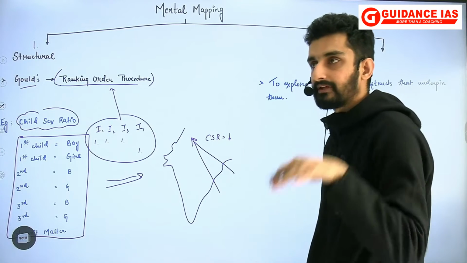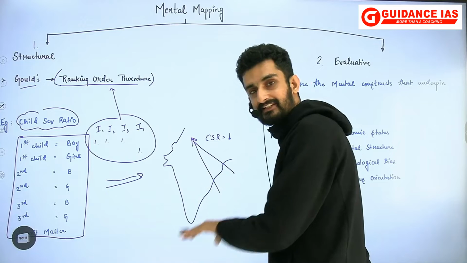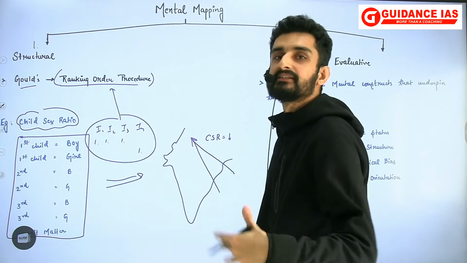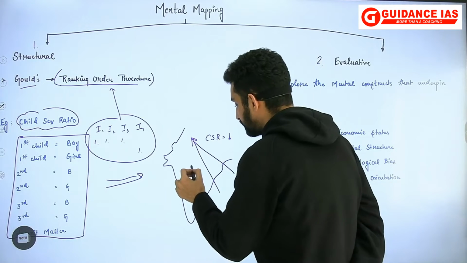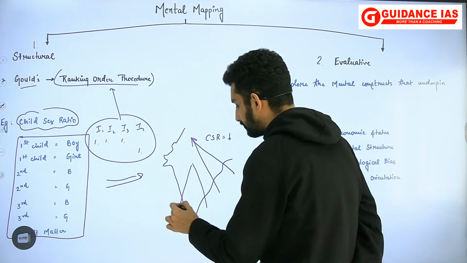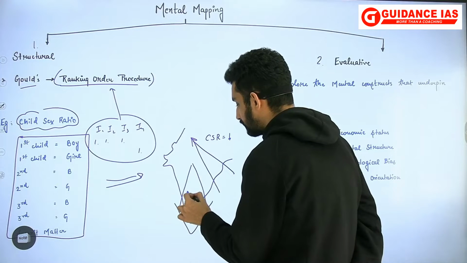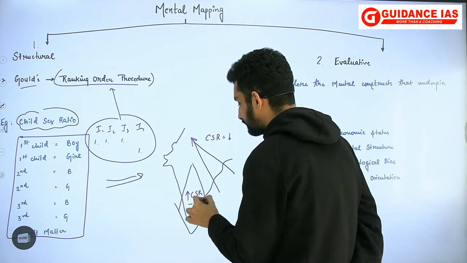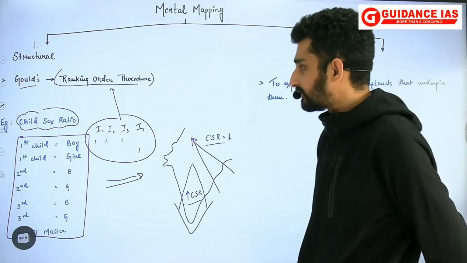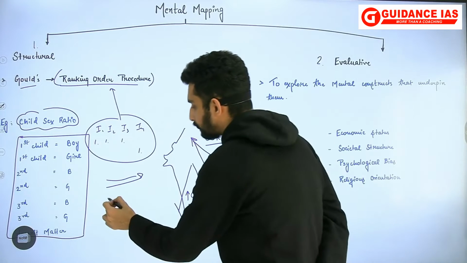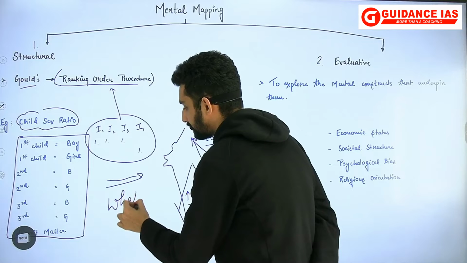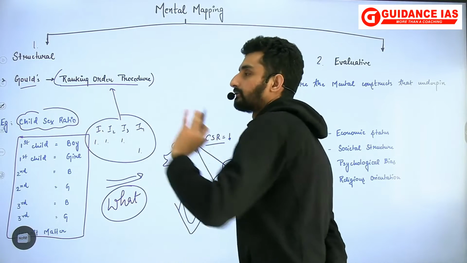At the same time, when we are going towards the southern states, which have a more matrilineal structure of society, we are finding it has a higher child sex ratio. I hope it is clear. So this is how we are actually finding the what of the behavior using this ranking order procedure.